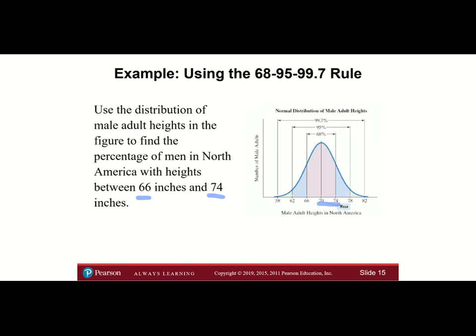So it's 1 standard deviation away. If we subtract 4 from 70, we get 66. So between 66 and 74 inches is 1 standard deviation away on both sides. So remember, that is equivalent to 68% of our heights being between 66 and 74 inches.